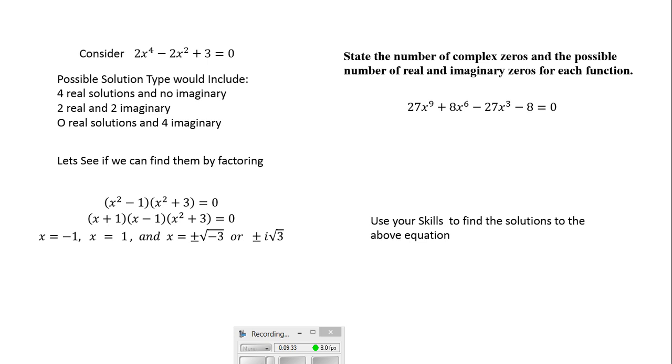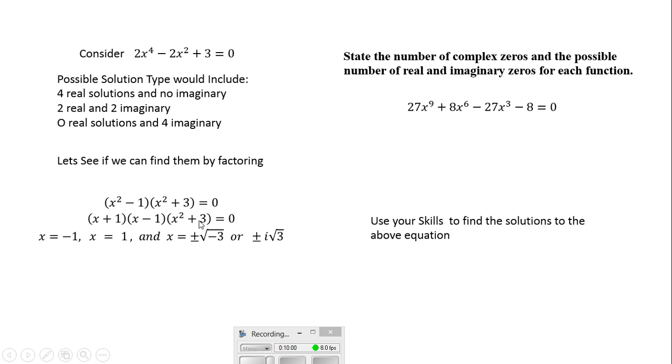Let's see if we can find some of these solutions, okay? We've been learning how to factor these expressions and do find that it is factorable. This expression factors to x squared minus 1 times x squared plus 3. X squared minus 1 subsequently factors as a difference of squares, x plus 1 times x minus 1, revealing to us our two real solutions.